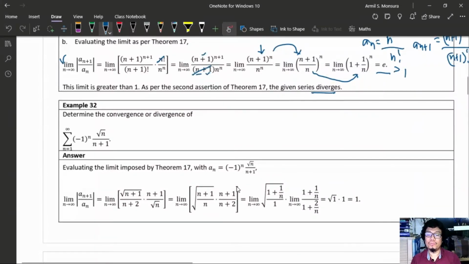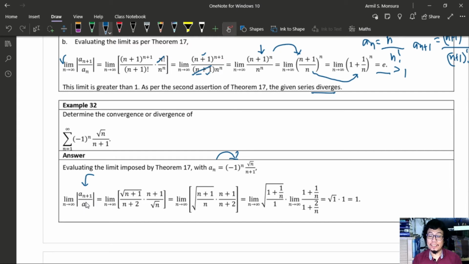Example 32. Here this is an alternating series. If we let a_n be this one, just take note that the limit to be evaluated, as required by Theorem 17, is the ratio of the absolute values of the terms a_n and its succeeding terms.